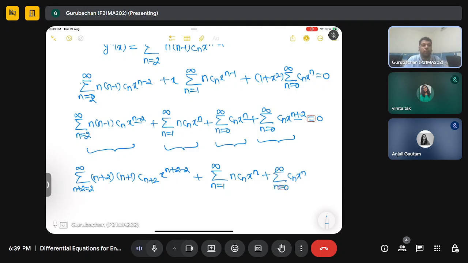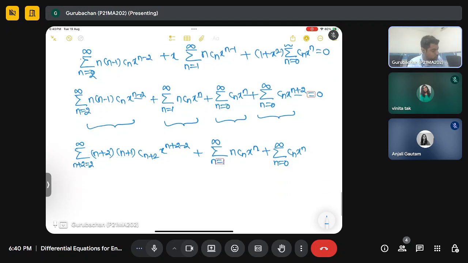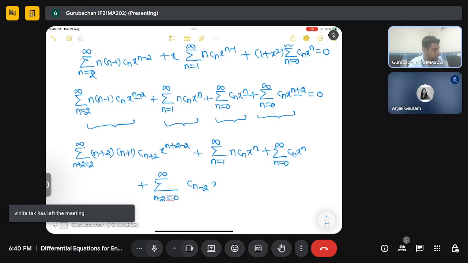Now here it is n plus 2, and we want to make it n. So what will we substitute? n minus 2. So the sum starts from n equal to 2 to infinity, C_(n-2) x to the power n minus 2 plus 2.